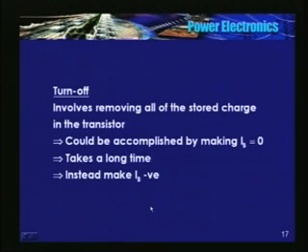So how do I turn off the transistor? It involves removing all the stored charge in the transistor. See, during turn on, there is a progressive increase of charges into the base.